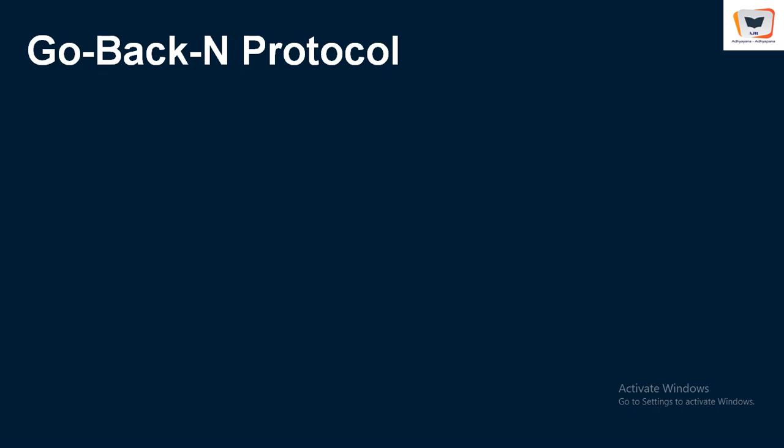So that is the reason why two protocols, which were robust protocols, were invented. One is the Go-Back-N protocol, the other one is the Selective Repeat protocol. These two protocols are pipelined RDT protocols. Both the protocols provide all the reliability related services for the byte stream flow.